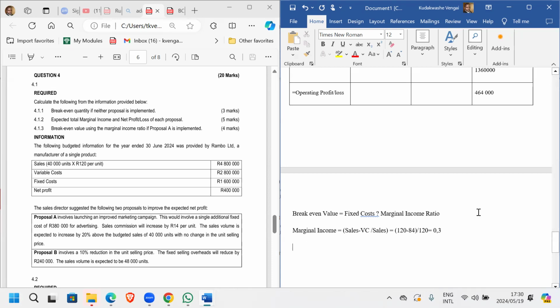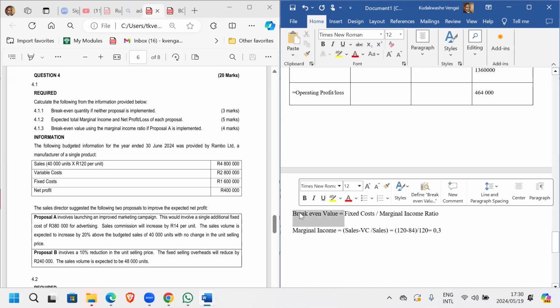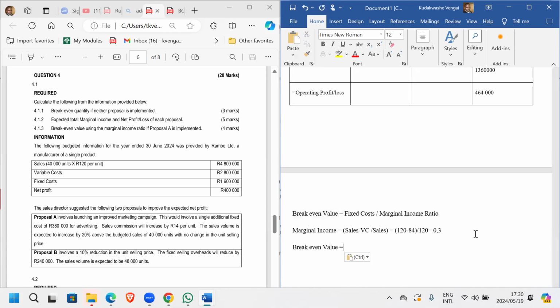So therefore, our break even is going to be equals to 16 million. Oh, sorry. Is there a change? There's a change in the. All right, let's do it this way. Remember, it says if proposal A is adopted, and under proposal A, our fixed costs changed by 380.